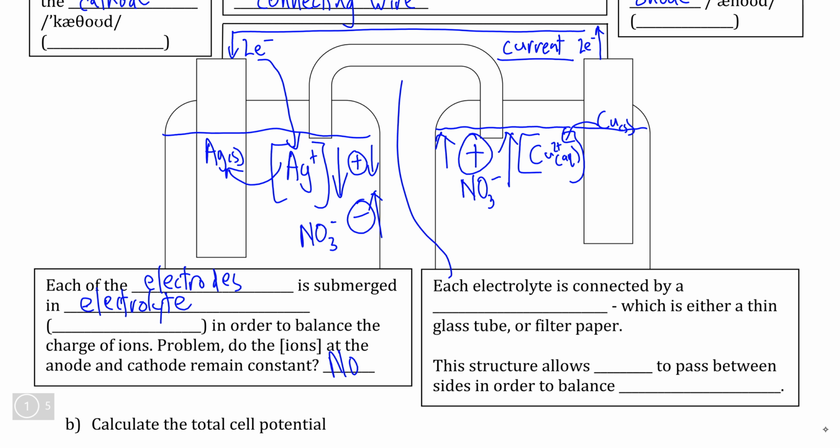And for that, each of the electrodes or each of the electrolyte solutions is connected by a connection that we call a salt bridge. Now, a salt bridge is not literally a bridge made out of salt.